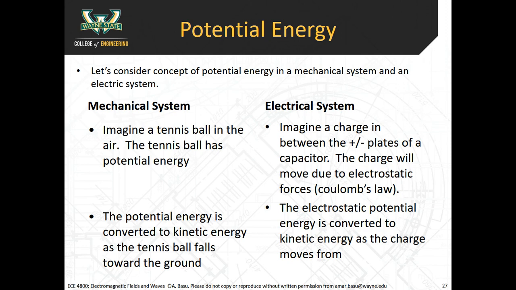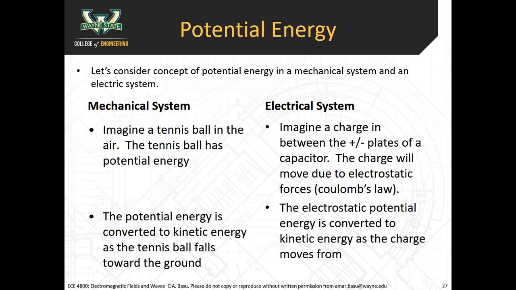Gravity. It's gravitational potential energy, right? So imagine we're just dropping the ball from here. That gravitational potential energy is being converted to what? Kinetic energy. By the time the ball hits the ground, the gravitational potential energy has been converted into kinetic energy. So that's the mechanical domain.